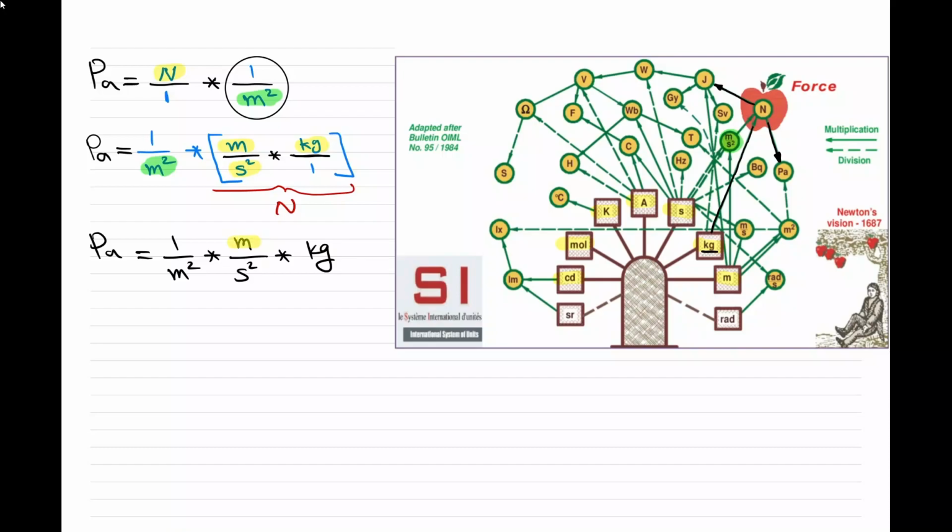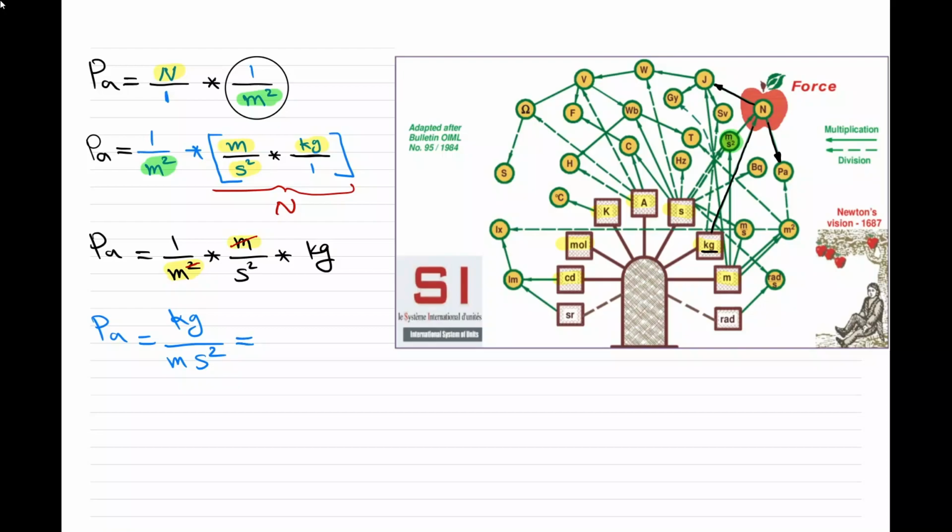That we have a meter in the numerator and meter square in the denominator. So what we can do is cancel. So the final answer will be Pascal is equal, rearranged, kilogram per meter second square.